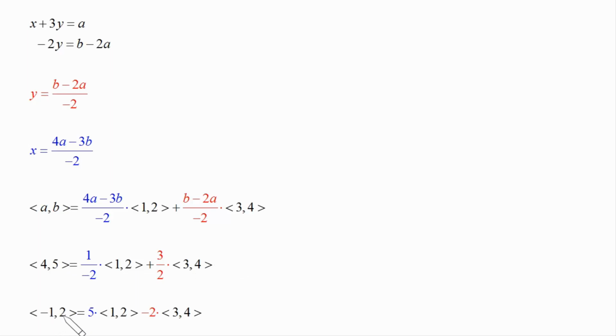Similarly, letting a equals minus 1, b equals 2 here gives us this. And you can also double check by just multiplying this out and seeing that this really gives us this. So I think we've demonstrated that these two vectors really do span R2.